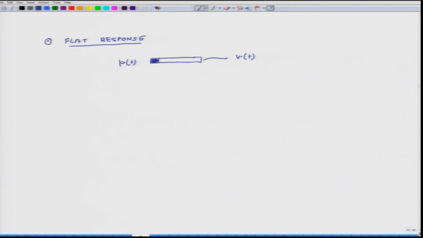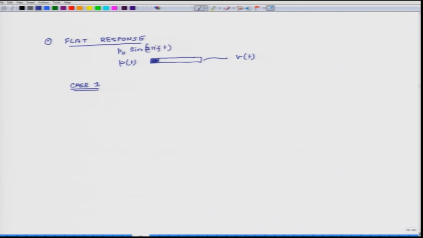Now suppose I have a microphone, case 1. What I am subjecting this microphone to is different frequencies. Let us say I am subjecting this microphone to a P naught sine 2 pi f t signal.